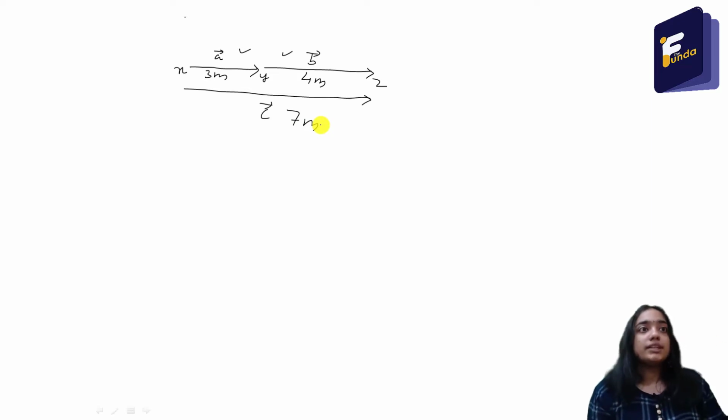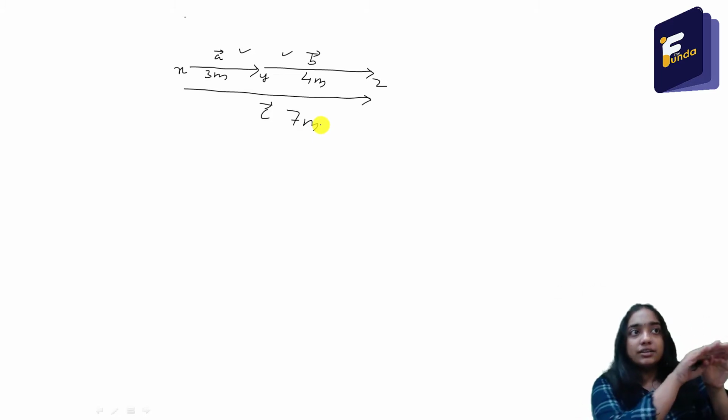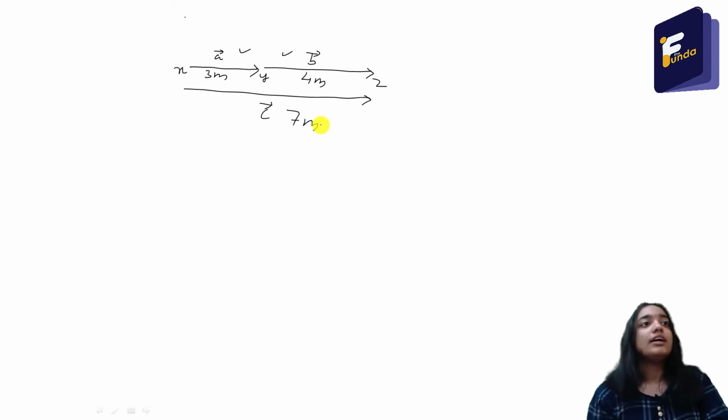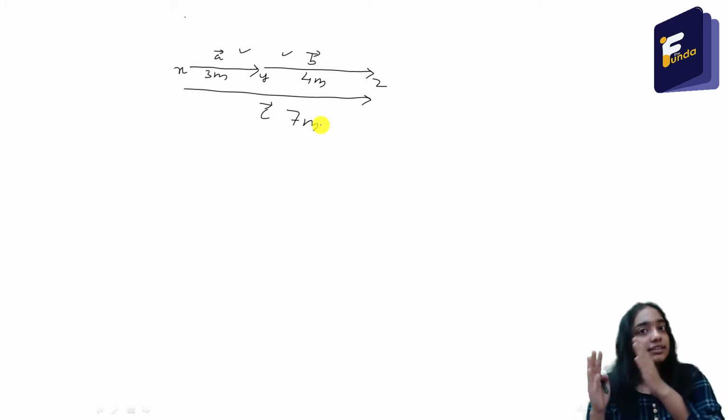As you have seen, in every other case the value of C is less than 7 meter. Only in this case, when the two vectors lie on the same line, the magnitude of that third vector, that is C vector, is 7 meters.